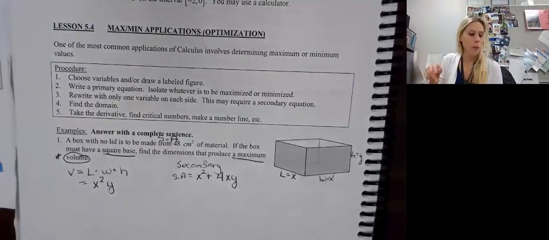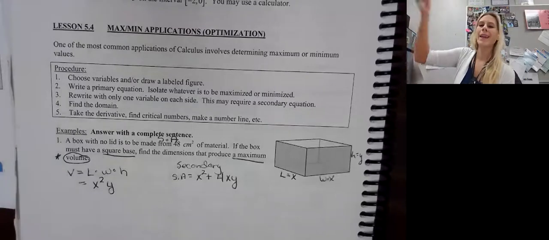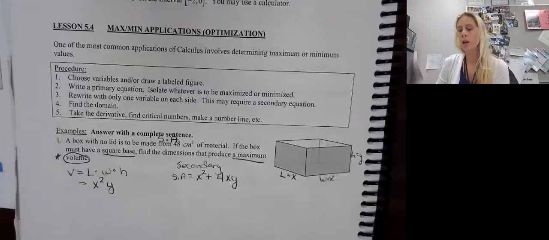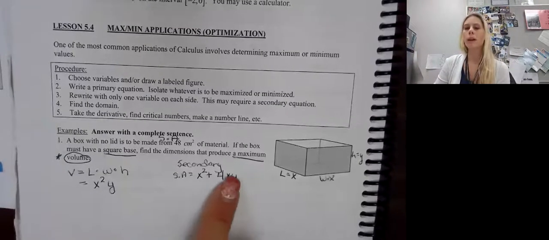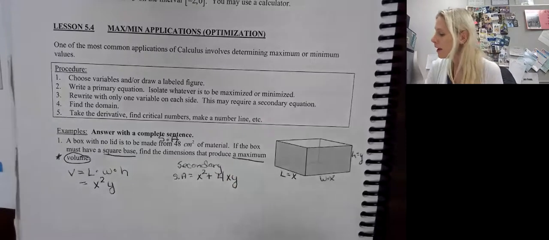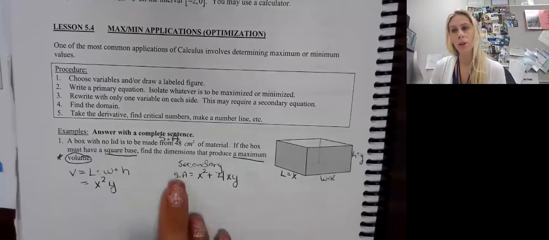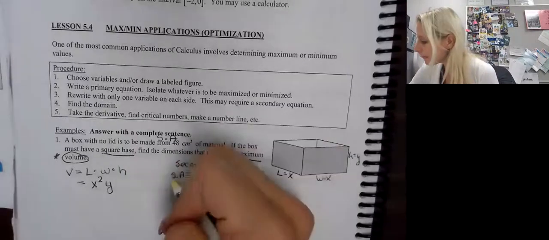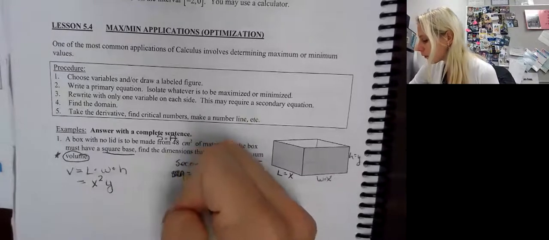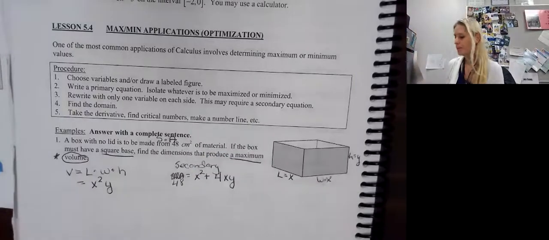All right, so what we're going to do right now is use the secondary equation to put into the primary equation. So if we look at this, what variable is easier to solve for in this equation? It's going to be y. The other thing I also want to show you, which I haven't done yet, is I have not put the 48 in for the surface area.